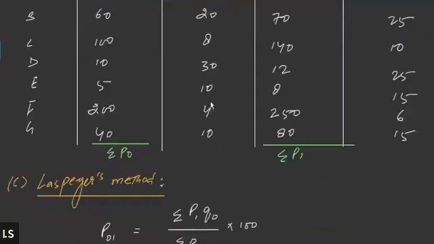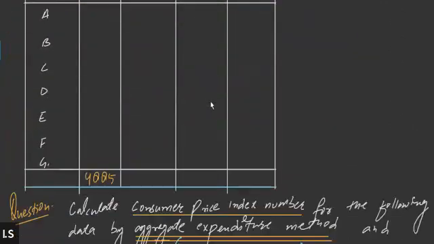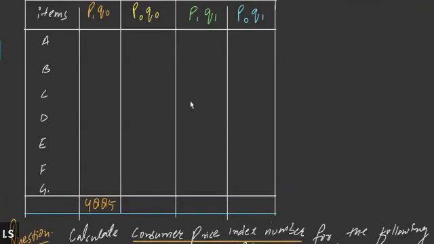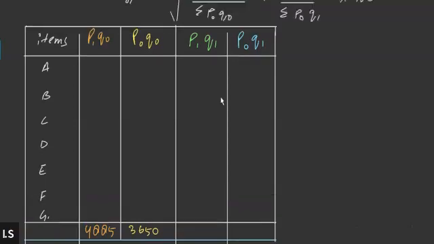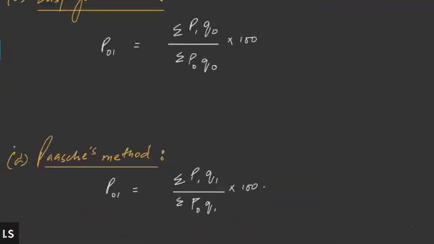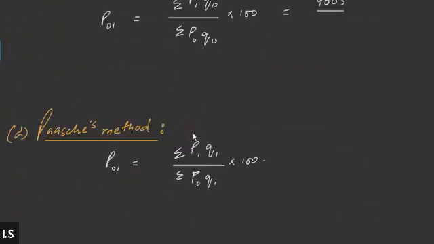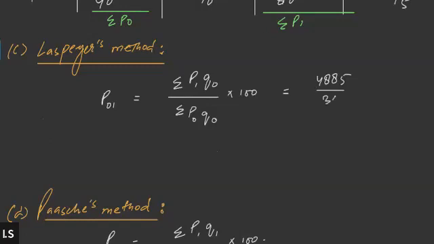Sir, 3,650. Okay, so now we will put both these values into the formula and calculate the index number. So P1Q0 is 4885, and P0Q0 was 3650.